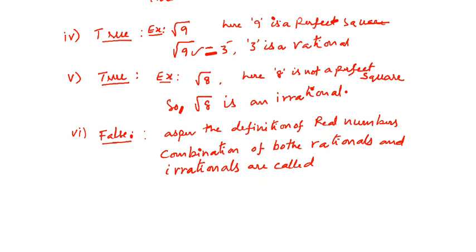Real numbers, combination of both rationals and irrationals are called as real numbers.